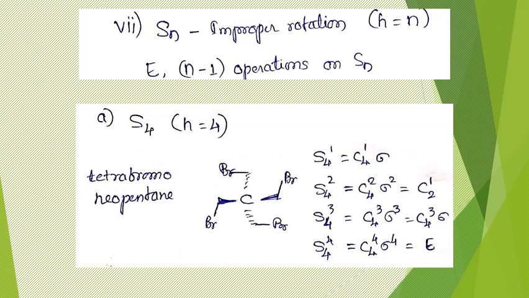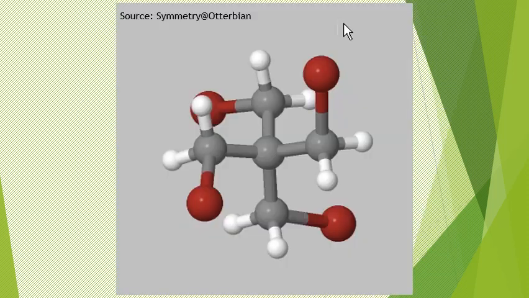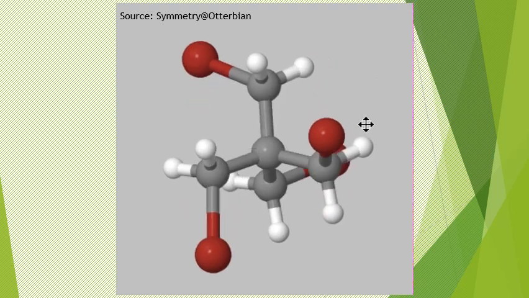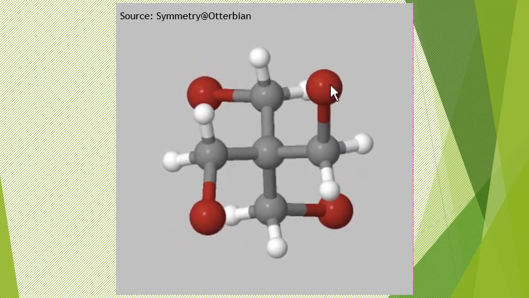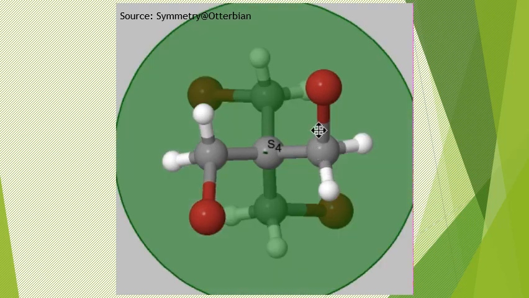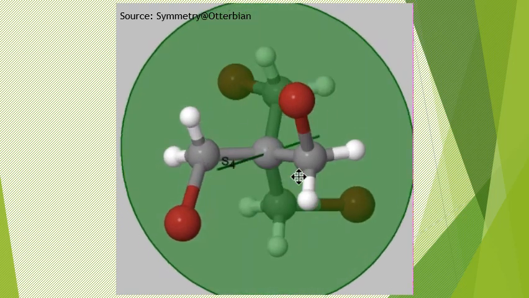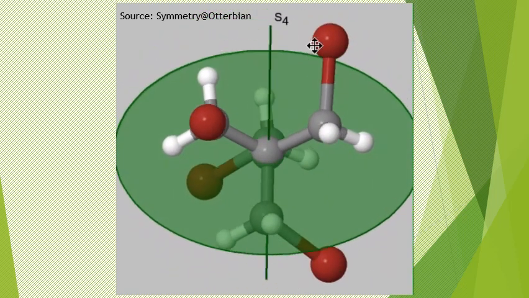Let's see the video in the animated platform. We shall see how this S4 operation can be performed. This is the molecule tetrabromoneopentane. In this, let me demonstrate the S4 axis. So first let me identify that S4 axis. See, the S4 axis is C4 plus a perpendicular sigma.